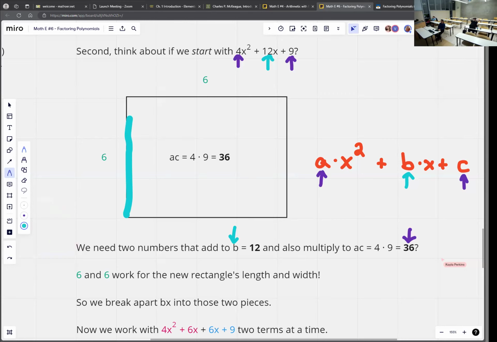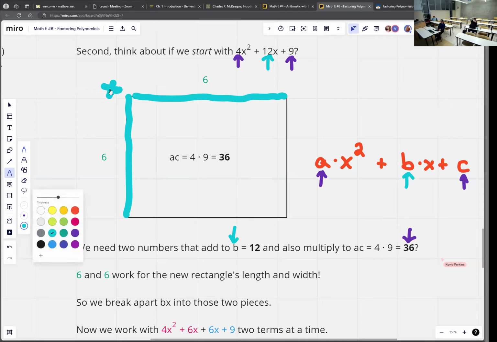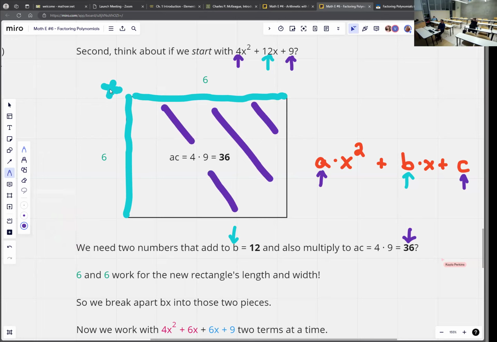This edge, the length plus this edge, the width. And they should add up to 12 in this case. So I'm thinking about shading in an area. And I'm also thinking about adding up two edges together.